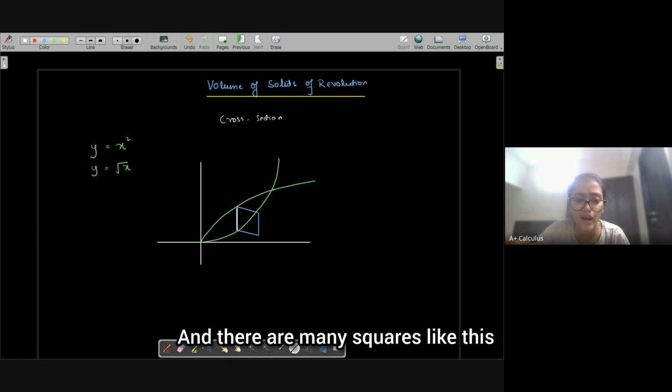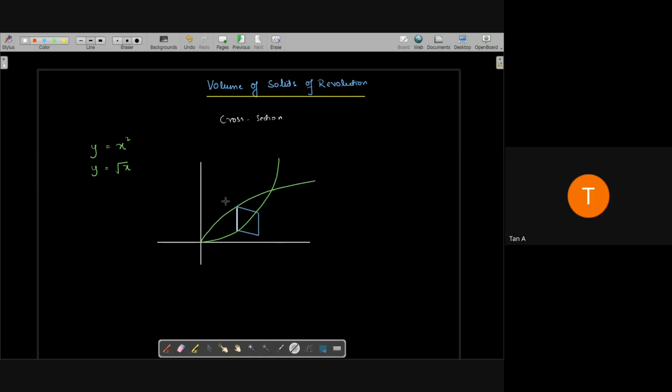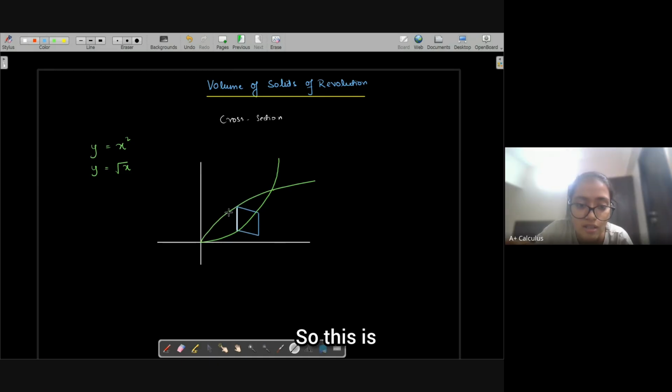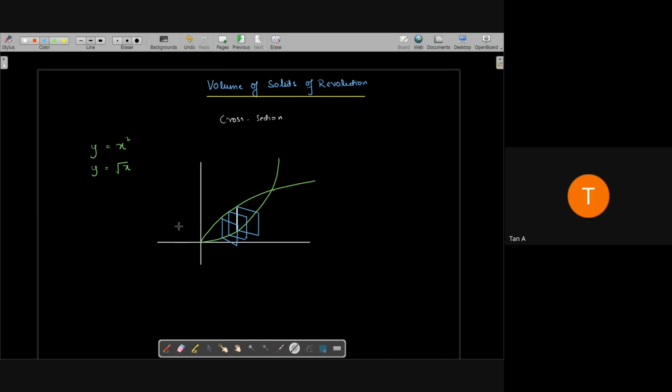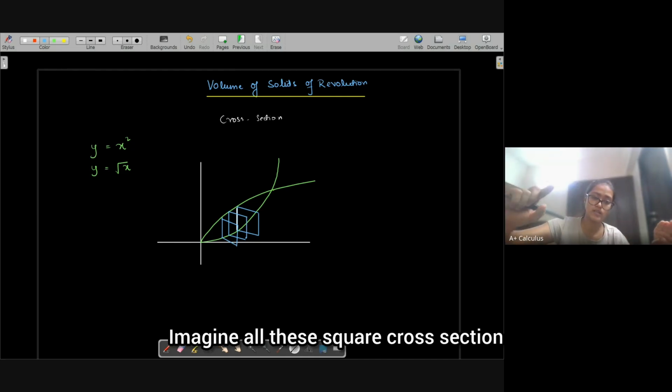Okay, and there are many squares like this. So this is another square, another square like this. Imagine all these square cross sections.